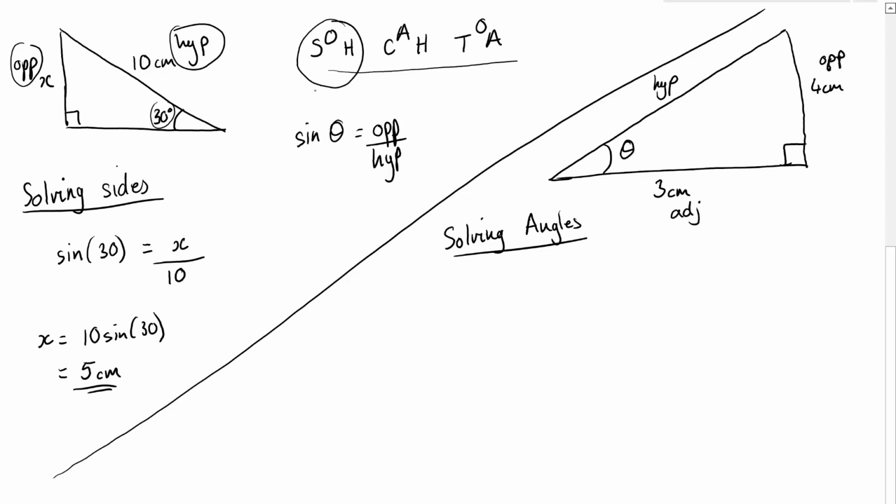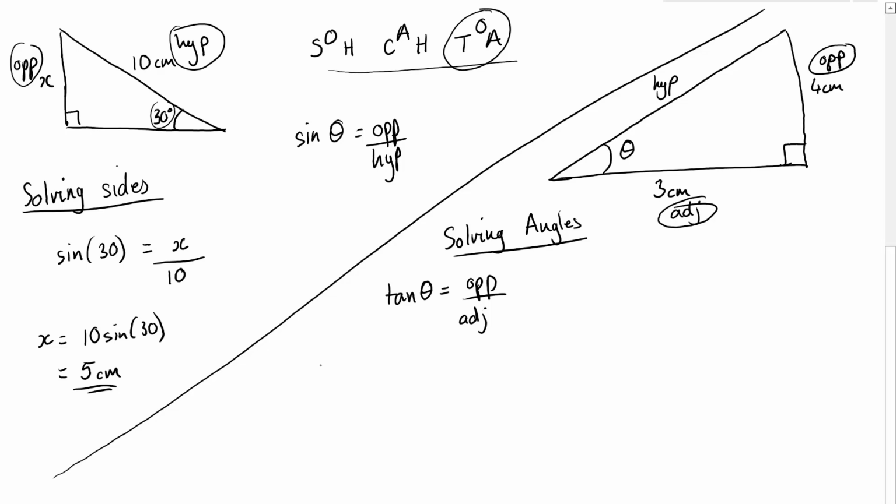And now when we look up here to SOHCAHTOA again, the sides that we have are adjacent and opposite, and the only one that has both opposite and adjacent is tan. And so if we take tan of theta is equal to the opposite divided by the adjacent, we're then going to have to substitute in everything that we know.